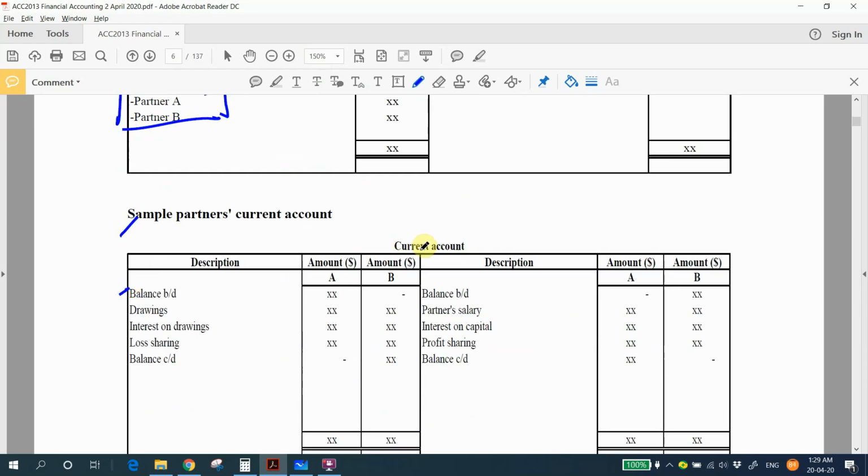Take note that the current account may have two opening balances. Based on whether the question mentions that the amount is a debit balance, we record on the debit side. If the question mentions that the opening balance is on the credit side, then we record on the credit side.